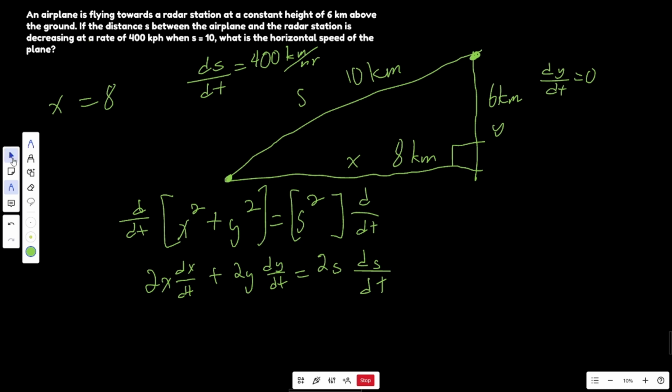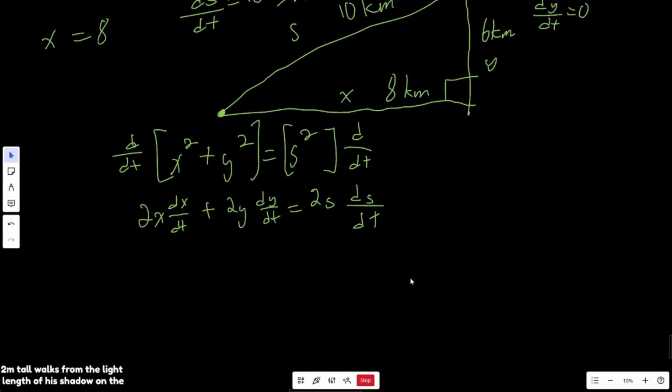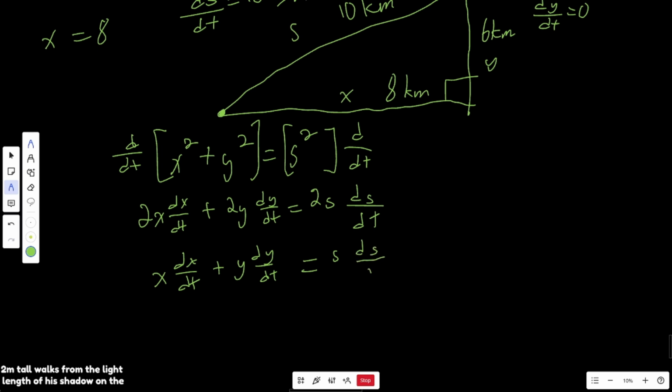Now, all of these can be simplified further, so we're just going to use the simplified version: x dx over dt plus y dy over dt equals s ds over dt.